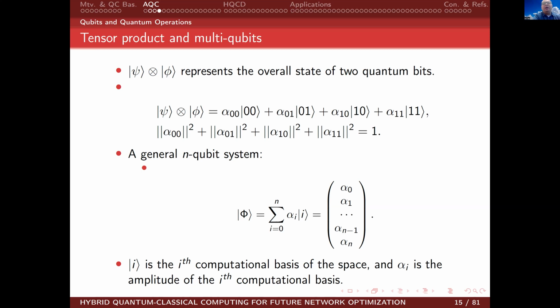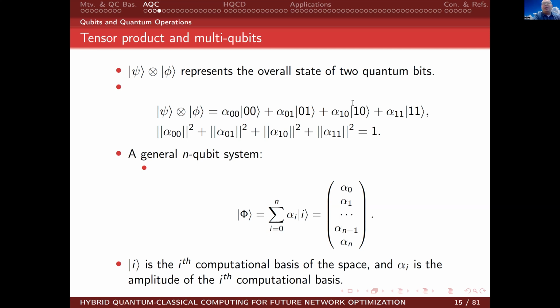And for each state, we have a probability with it, or we have a magnitude or amplitude with it. Here, alpha 00 represents the amplitude of the state 0,0, and alpha 11 represents the amplitude of the state 1,1.